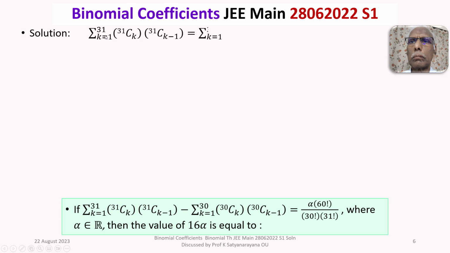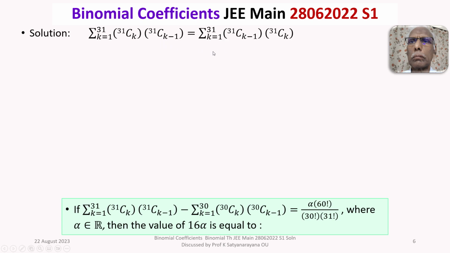We take sigma k equals 1 to 31 of the binomial coefficient 31Ck multiplied by 31Ck-1. We have written AB equal to BA, the commutative law we have applied, because these are natural numbers.